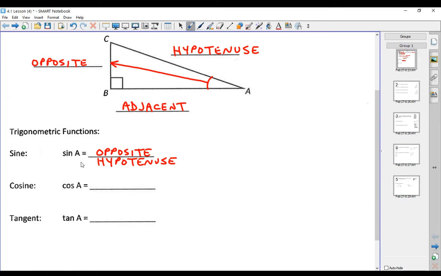We want to take the ratio of the adjacent side over the hypotenuse. And if we want to find the tangent, the abbreviation is TAN, we want to take the opposite over the adjacent side.